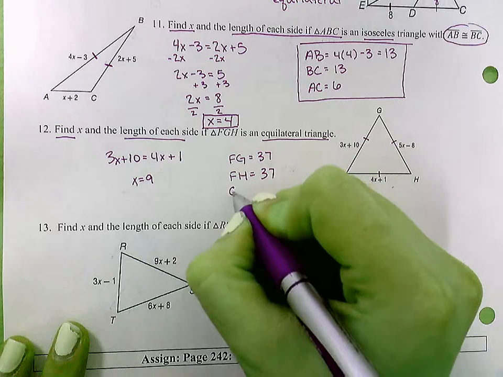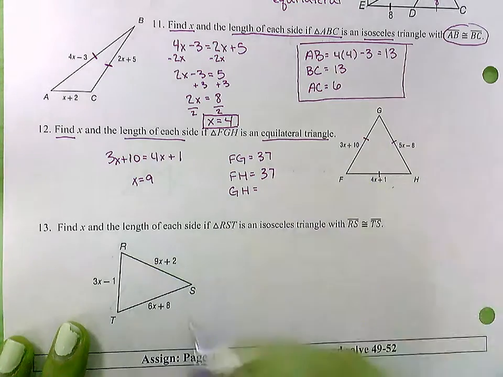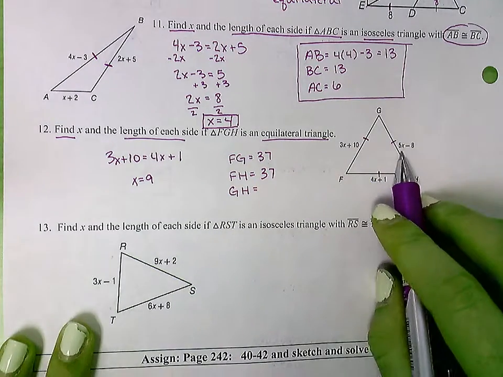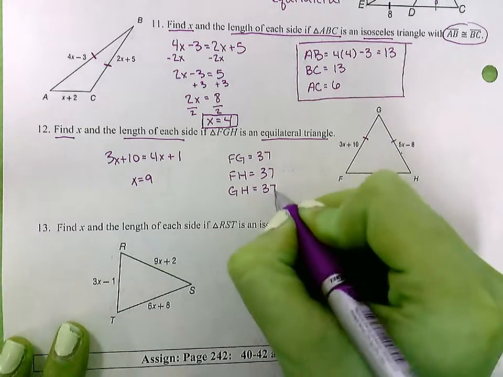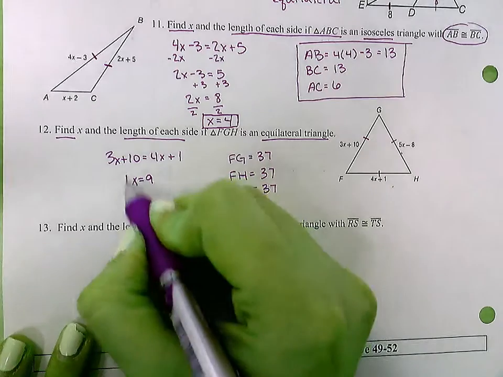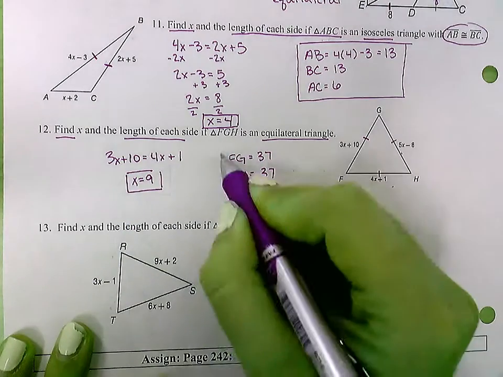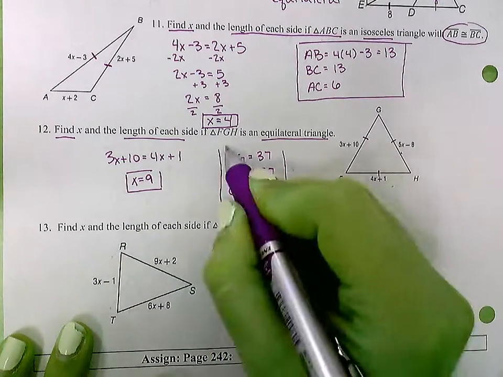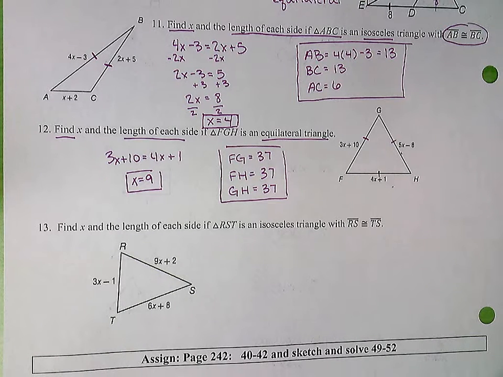Then the last side, GH, if I plugged in 9 for x, I should get 37. Okay, so I found x and all three sides.